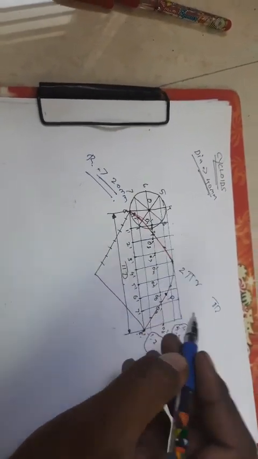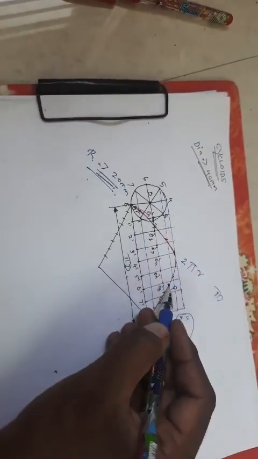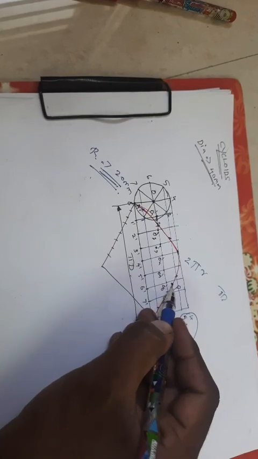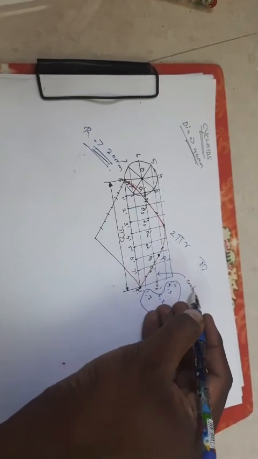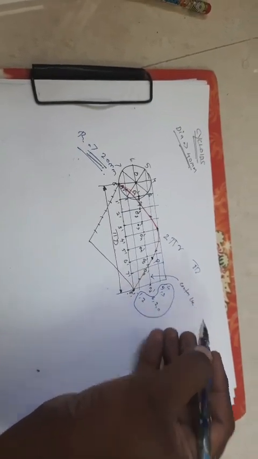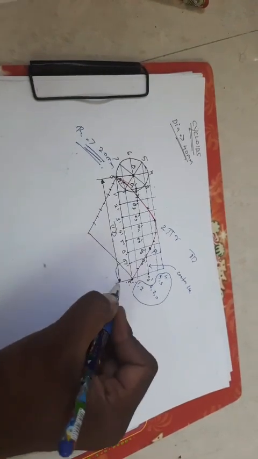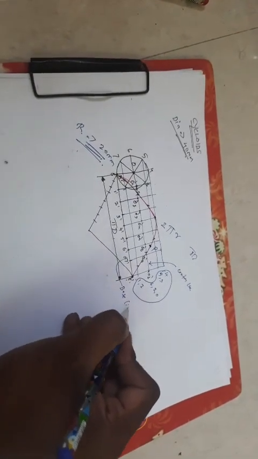Now using your compass, fix the radius distance and, with P as center, cut an arc on your center line, right? This is your center line and this is your base line.